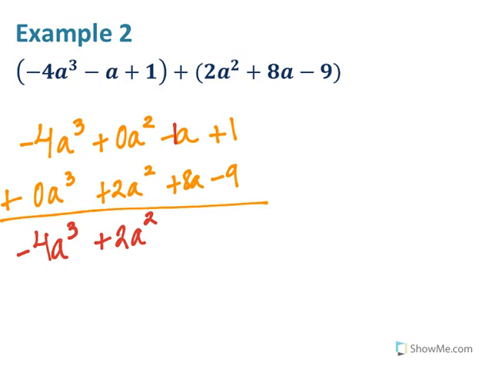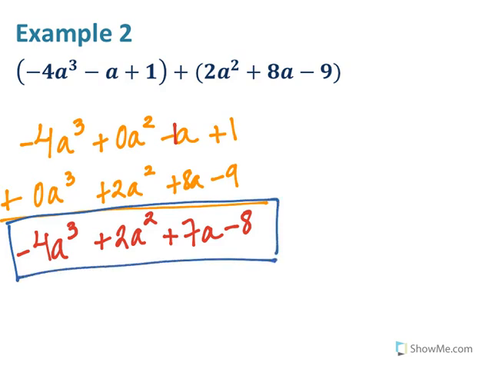So negative 1 plus 8 is positive 7a. And lastly, 1 minus 9 is negative 8. So we have a 4-term polynomial here. Negative 4a to the third plus 2a squared plus 7a minus 8.